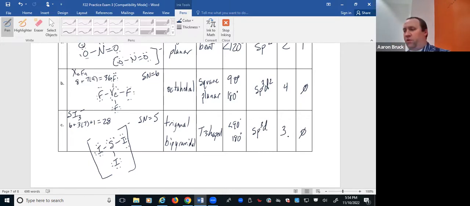You have to remember, so if we're looking at the T shape, try to draw this out a little bit heavier.